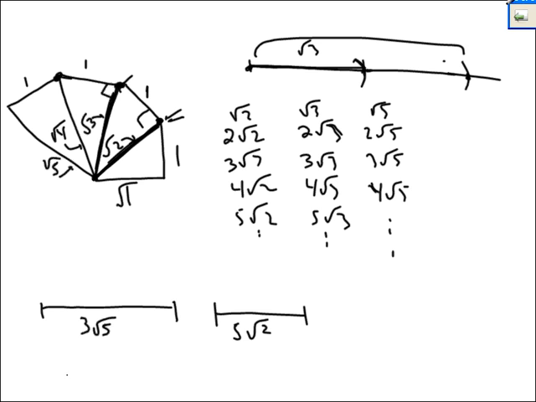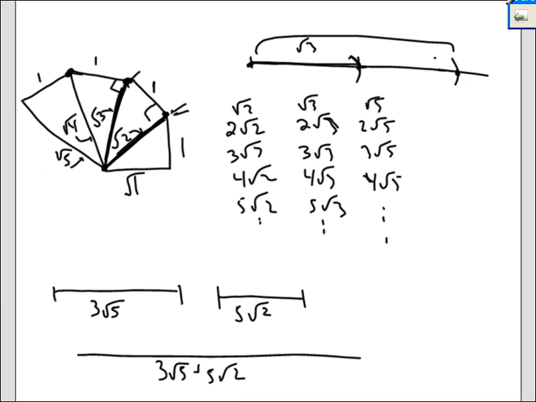Well, I can draw a line segment that is 3 square root of 5 plus 5 square root of 2. I put my compass needle here, and I mark off that length. Put my compass needle here, and I mark off that length. From here to here is 3 square root of 5's.